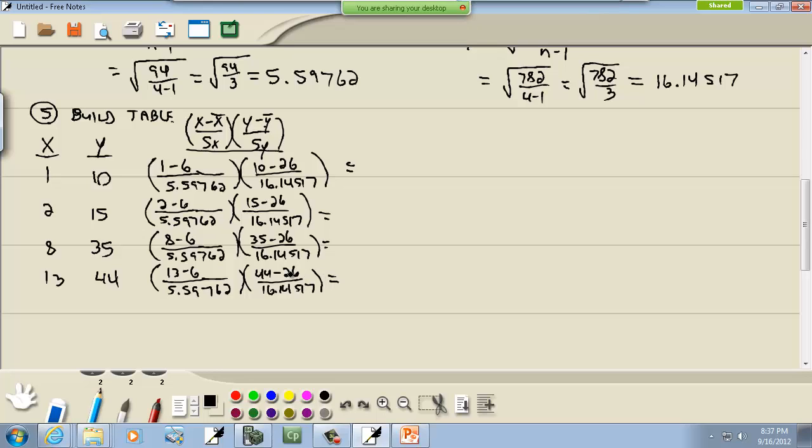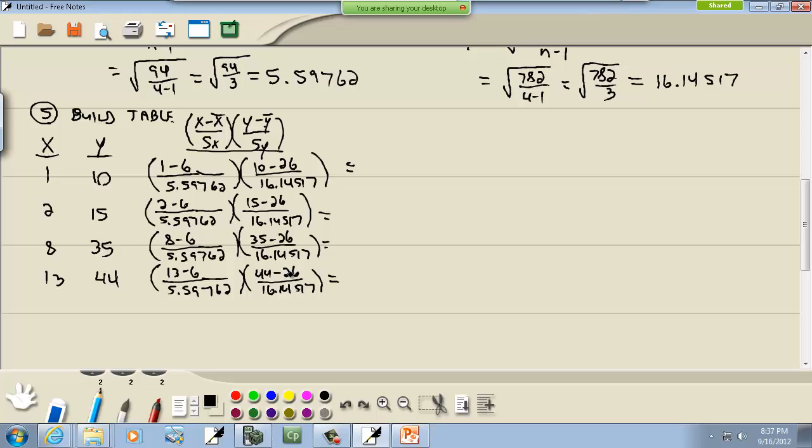Okay, let me plug this in my calculator. So I got 1 minus 6 divided by 5.59762. Close parentheses on that. Beginning parentheses, 10 minus 26.